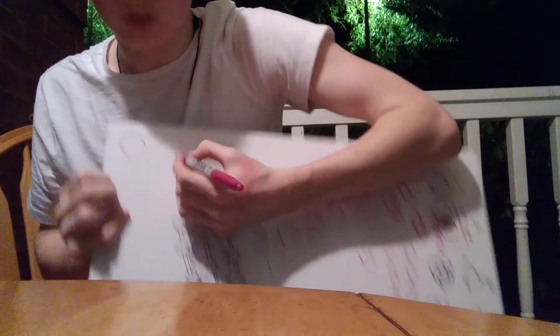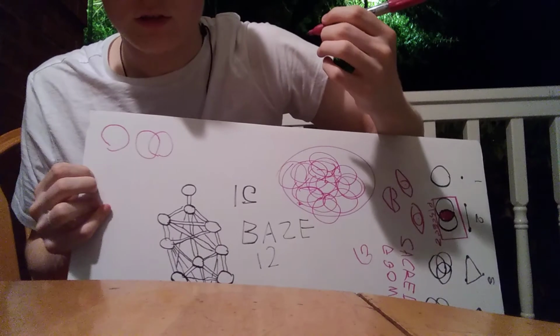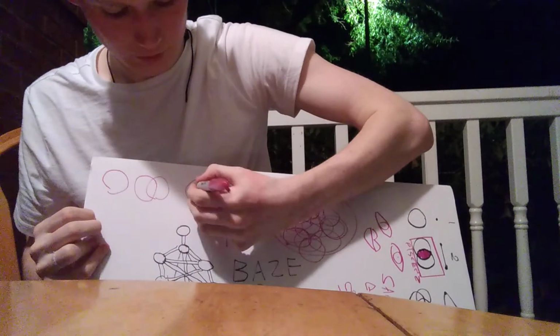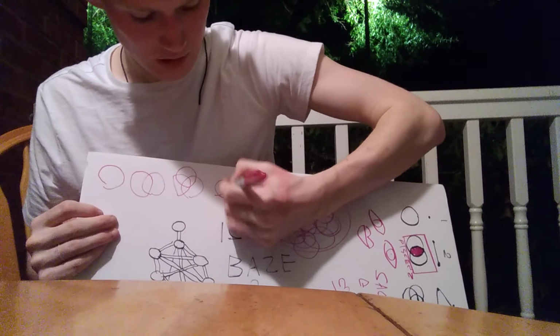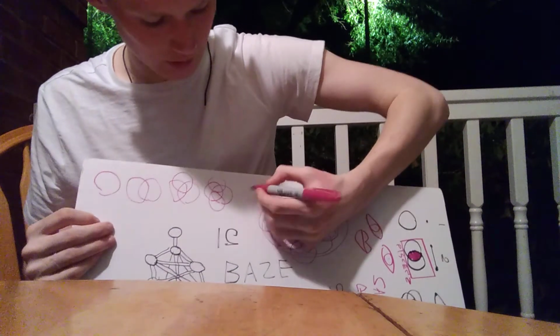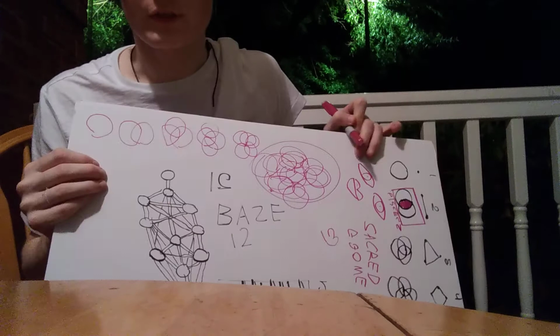And Pisces is two interlaced circles. So therefore, the rest of them follow: Aries is a 3, and Taurus is a 4, and Gemini is 5, and it can just go on from there.